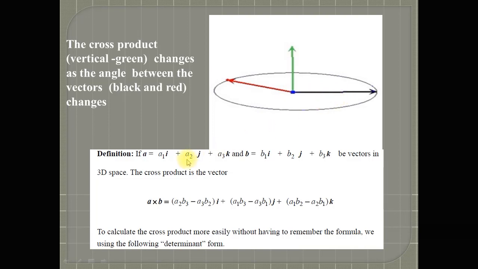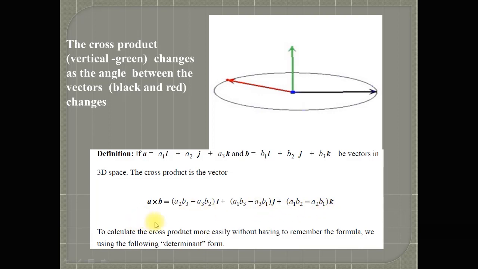Now another definition of the cross product: suppose we have a vector A with the components A1, A2 and A3, and another vector having the components B1, B2 and B3. Now the cross product of these two vectors, A cross B, is equal to (A2 B3 minus A3 B2) I plus (A1 B3 minus A3 B1) J plus (A1 B2 minus A2 B1) K.